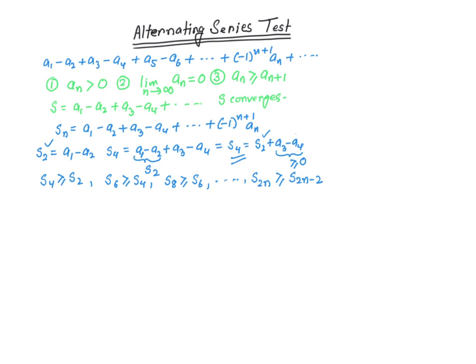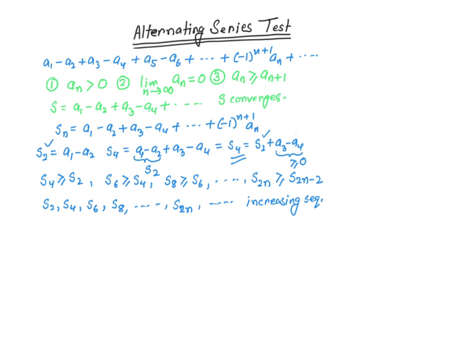This establishes that this sequence S2, S4, S6, S8, and it keeps going, S2n, is an increasing sequence.